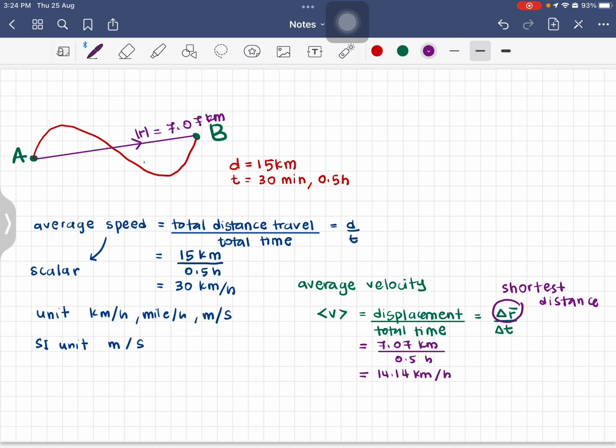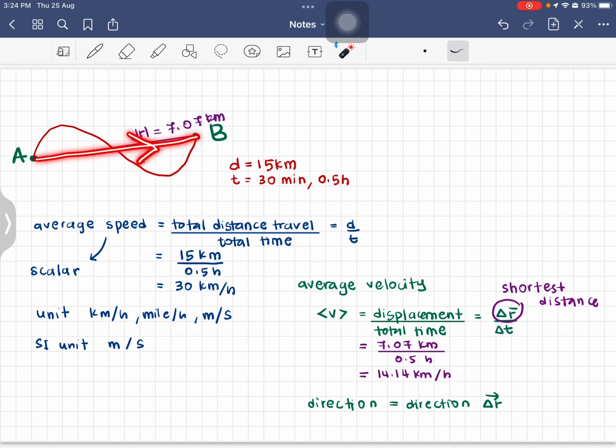And the direction for average velocity should be same as direction of your displacement, same as delta R. So delta R, you can see the previous video, it is from initial to the final position.